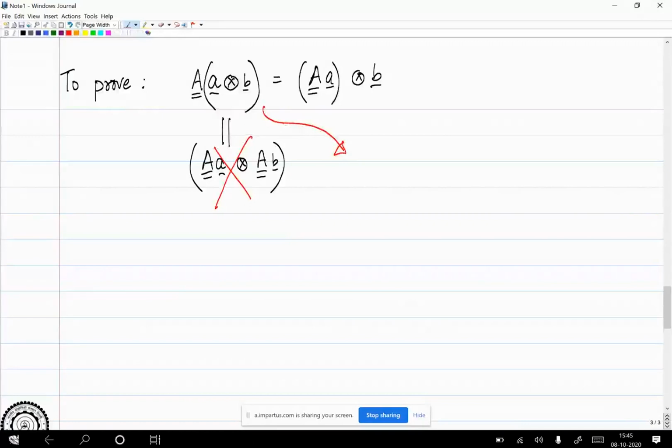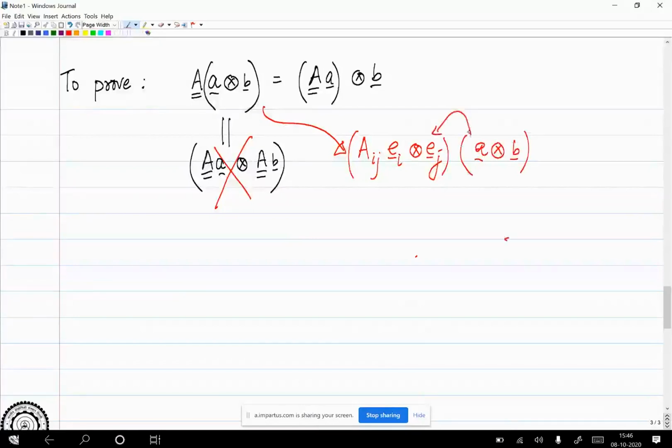So this big A is any general second order tensor. So we can write it as Aij Ei tensor product Ej. Because it's a general tensor, you can always write it like this. And then it has to be multiplied with A tensor product B. Now we just learned how two second order tensors multiply.